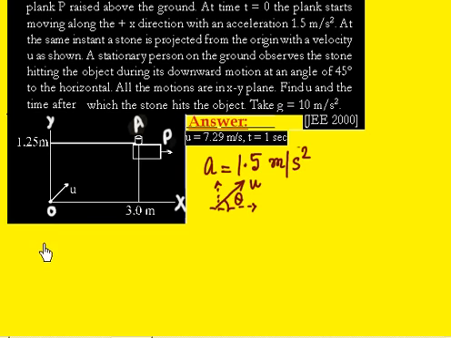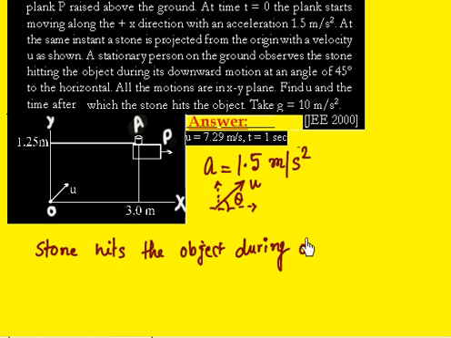The stone hits the object, and this happens during the downward motion. This is important. And at this point of time, the stone makes an angle of 45 degrees to the horizontal.